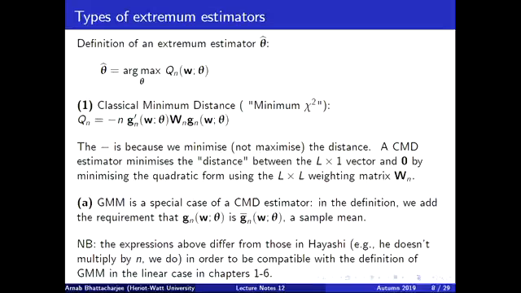But it is an argmax, so in order to be consistent with the notation, we put a minus here, that's all. Okay, so nothing funny going on. Right. Obviously, GMM is a special case of this. In that case, this guy here will be this G bar n, which is kind of a sample mean. Okay? But that's about it.